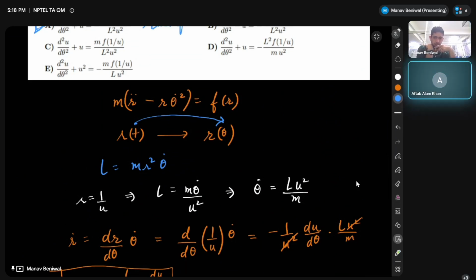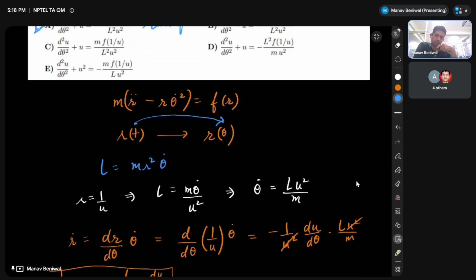Yes, right. So how was this conclusion reached that r equal to 1 by u will simplify this equation so much? To be honest, I don't know how historically this was derived, but I really can't answer that.